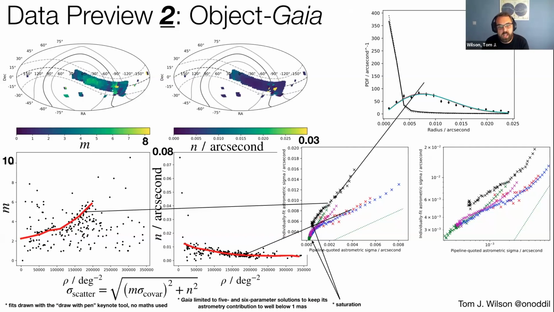is something like 5 to 10 milliarcseconds, seemingly decreasing with density on the sky, while the m parameter, which is the scaling relation between scatter and covariance in faint photon-noise-dominated regimes, varies from about 2 up to 6 with increasing density on the sky.